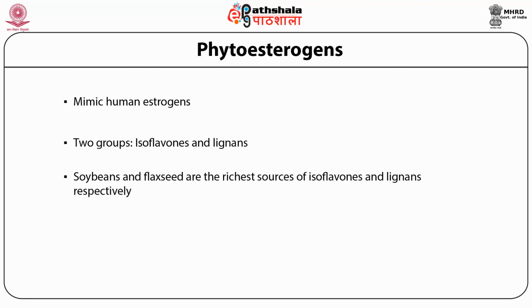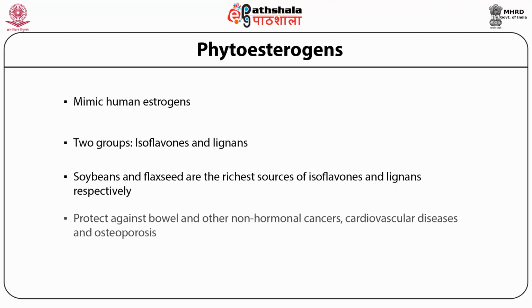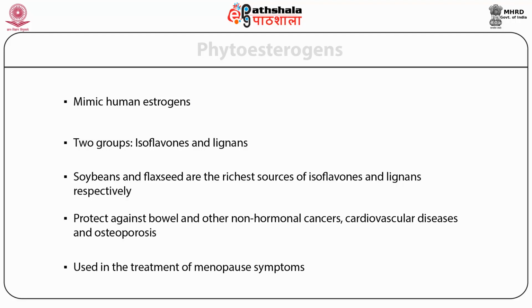Other sources are sunflower and sesame seeds, various nuts, berries, garlic and carrots. They provide protection against bowel and non-hormonal cancers, cardiovascular diseases, osteoporosis, and are used in the treatment of menopause symptoms.